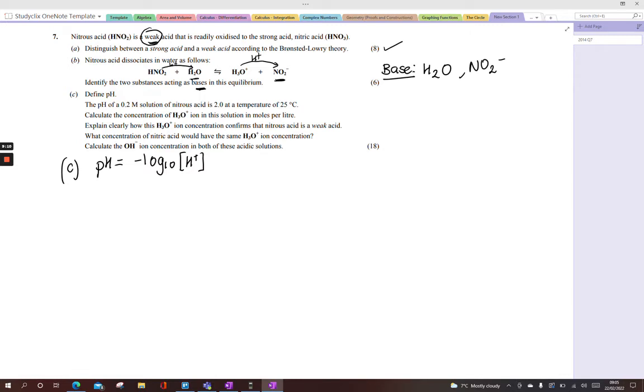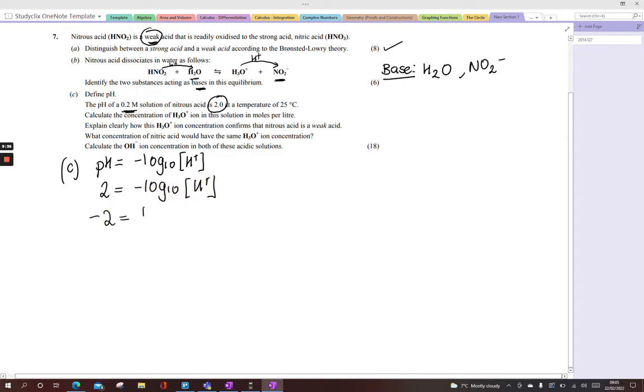Calculate the H3O plus ion concentration in moles per litre. As it is a weak acid and it's monobasic, it's not going to be 0.2. If it's a strong acid, it would be 0.2, but since it's a weak acid, it only slightly dissociates. So we're going to have to use the pH that they give us there. So the pH is 2, your negative log, the base 10 of your hydrogen ion concentration.